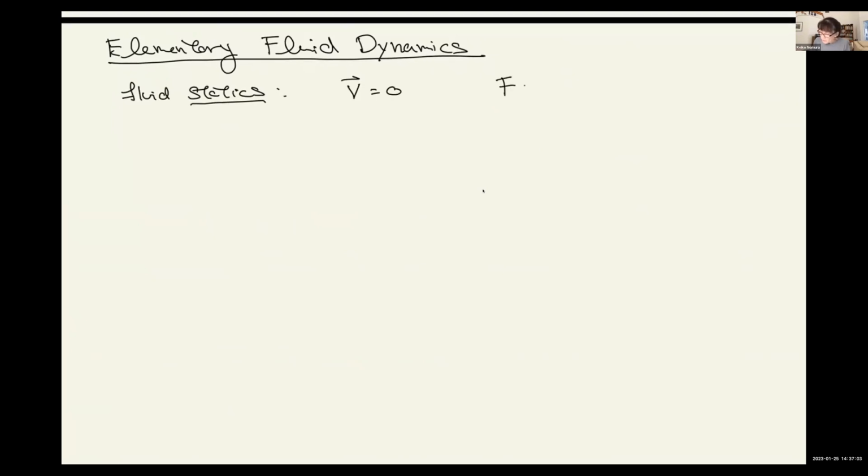We apply F equal MA, and ultimately we get a differential equation for pressure distribution. In fluid dynamics, now we have to bring in the velocity.